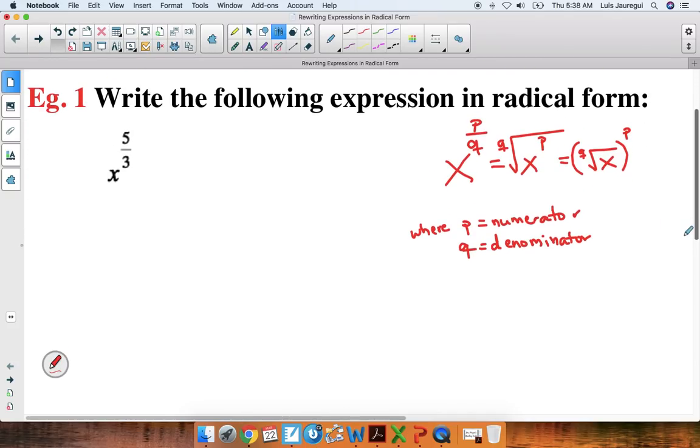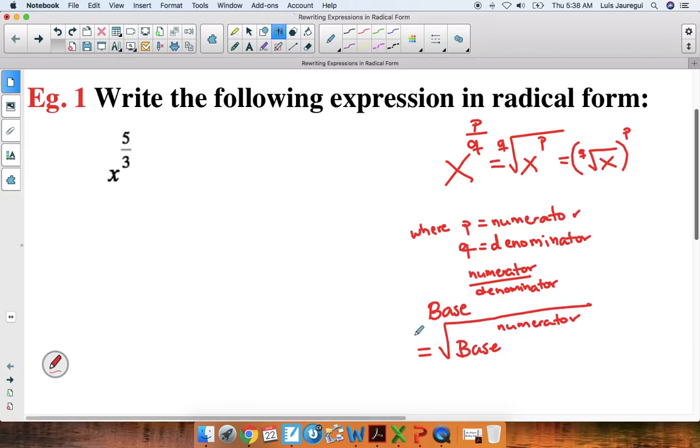So in general, what you do is the following. You have the base to the numerator divided by the denominator, which can be rewritten as the base to the power of the numerator under the denominator's root.